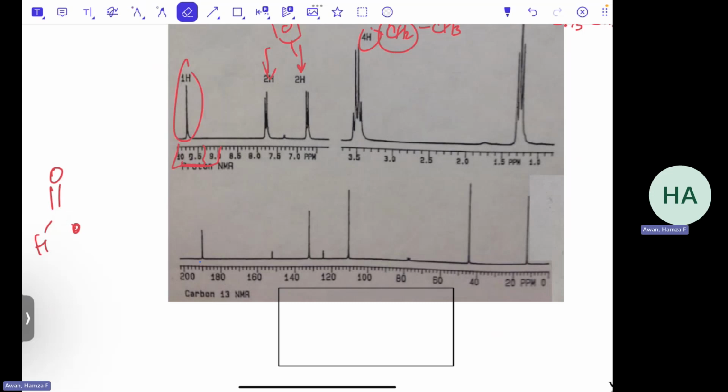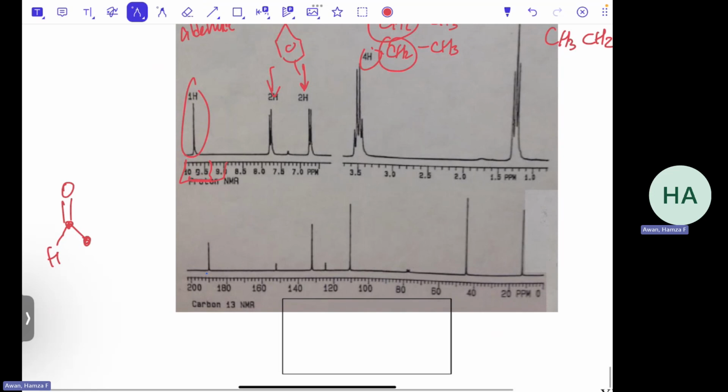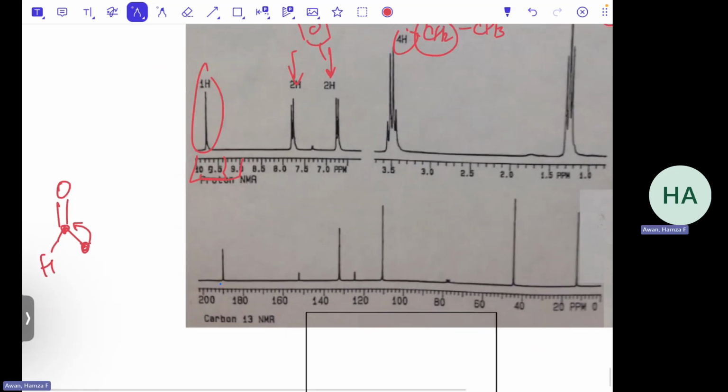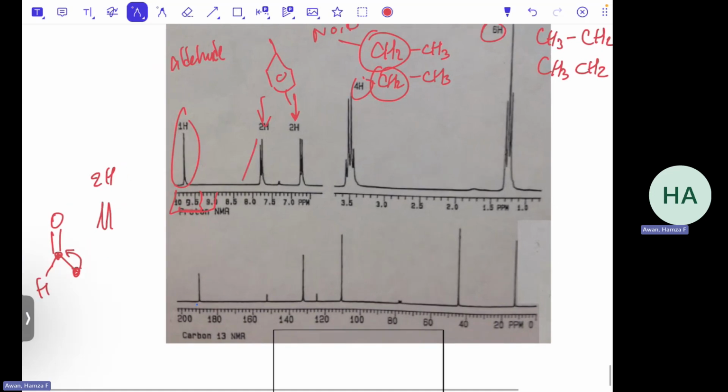If there was a CH2 on this aldehyde, we would see a 2H doublet, looking at one hydrogen. Unfortunately, other than the ones we have right here, we don't have any 2H doublets. So we know that there's no CH2 attached to this aldehyde.